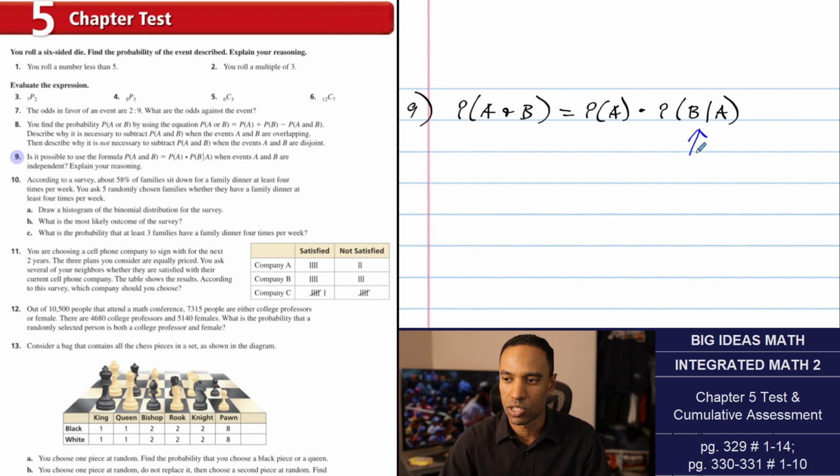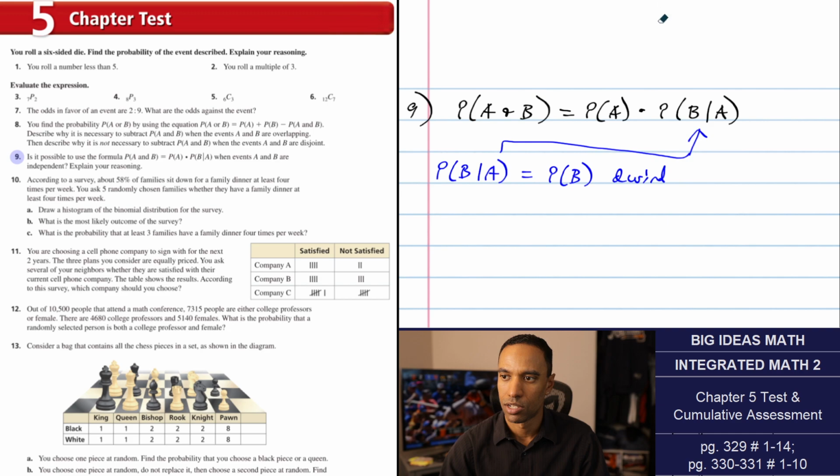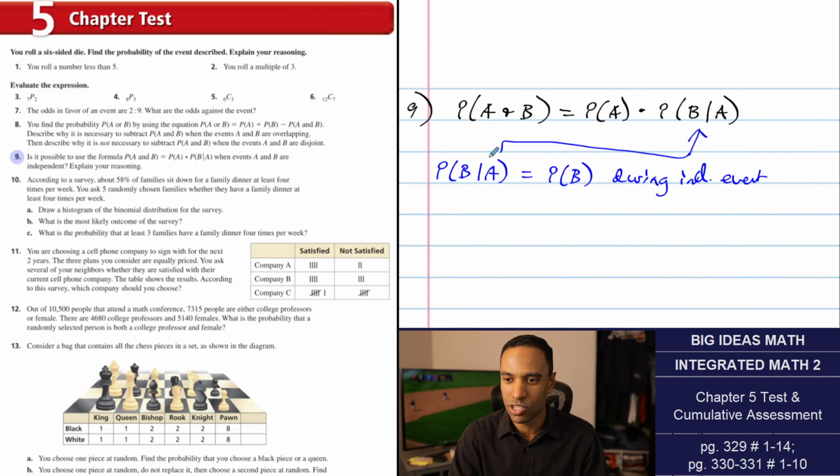They say explain your reasoning, but here's the idea. Probability of B given A is the same as probability of B during an independent event. This is because A is not affecting B's outcome.